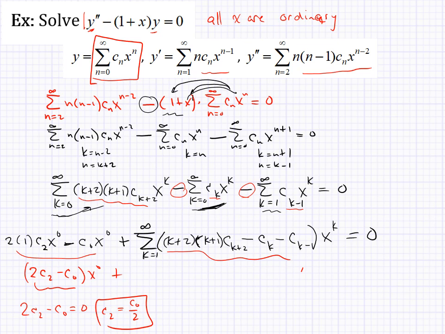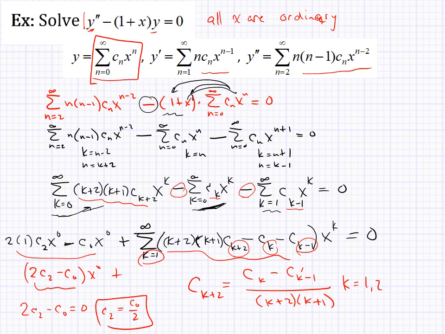Well, if that equals 0, I could solve for c sub k plus 2, because that's the highest one. C sub k and c sub k minus 1 come before c sub k plus 2. So I would get c sub k minus c sub k minus 1 all over k plus 2 times k plus 1. That'll be for which k's? K's starting at 1, so 1, then 2, then 3, then 4.